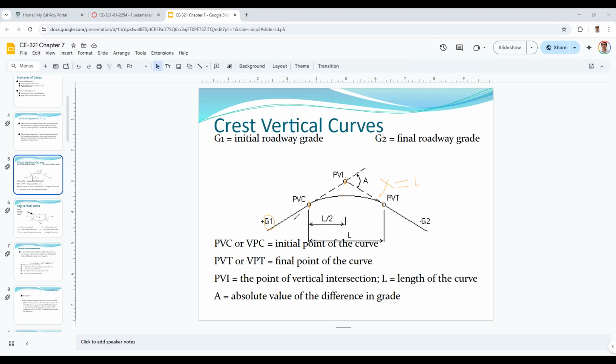We can use this horizontal distance times the grade to find the elevation of PVI.